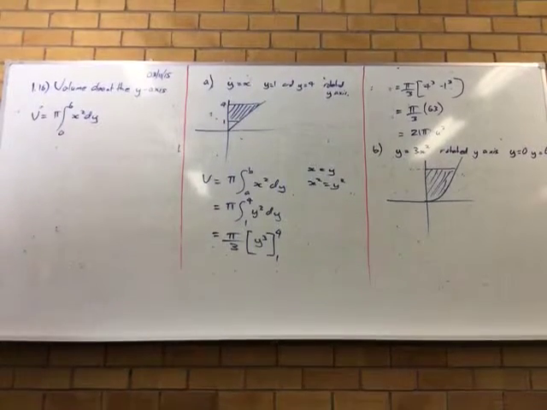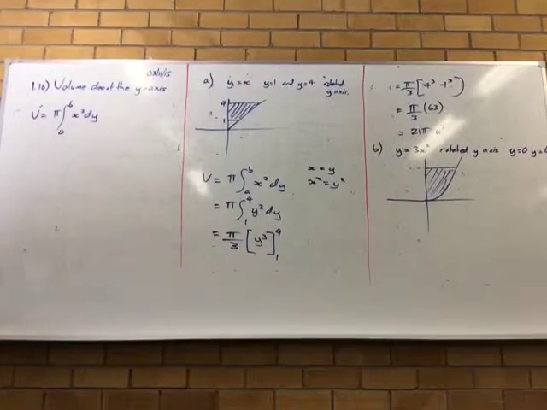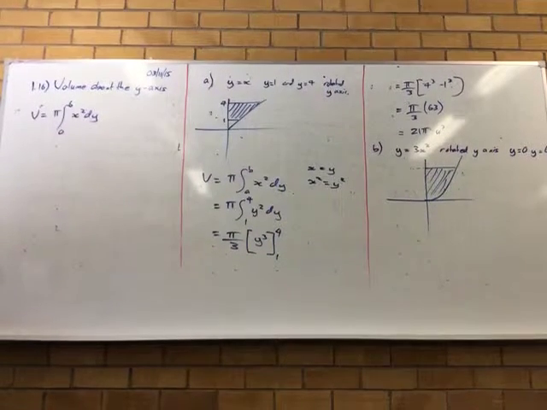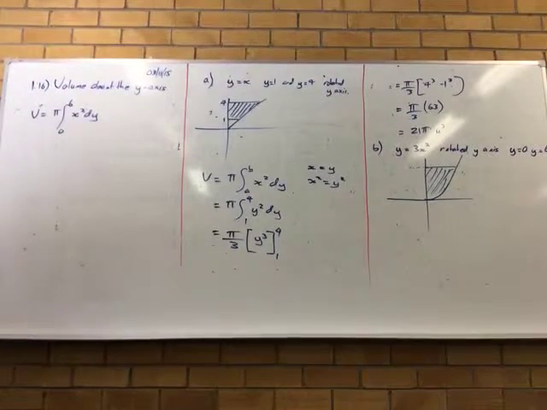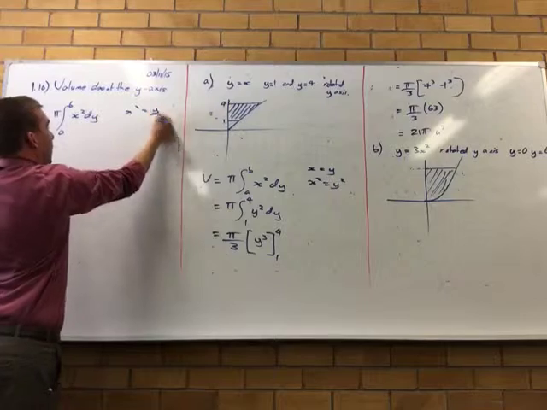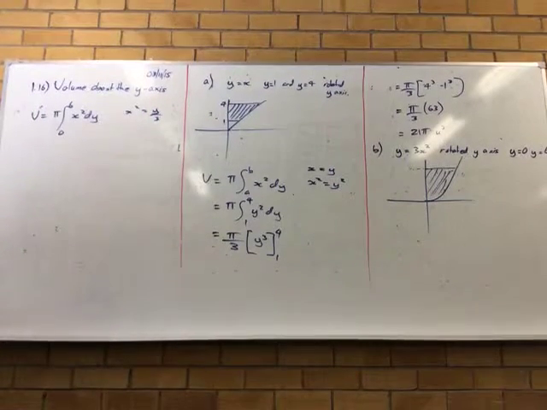Okay, x squared dy. We need x squared as the subject of this equation. So x squared is y on 3. But I already have x squared.